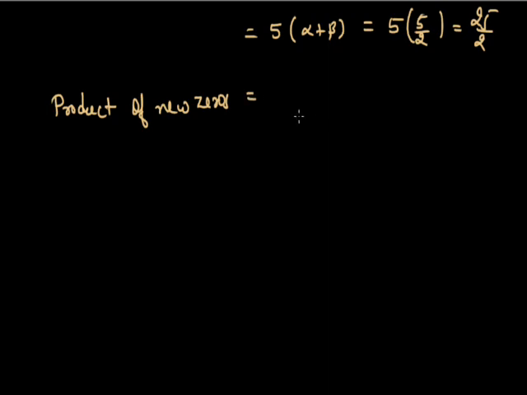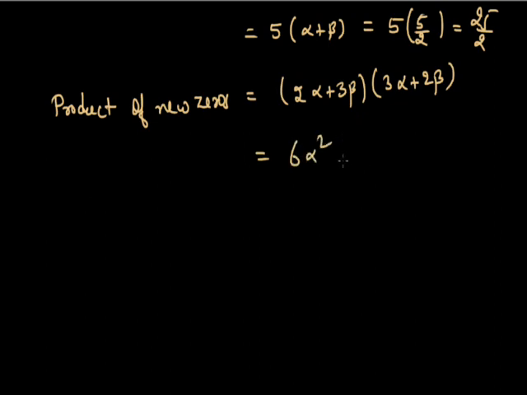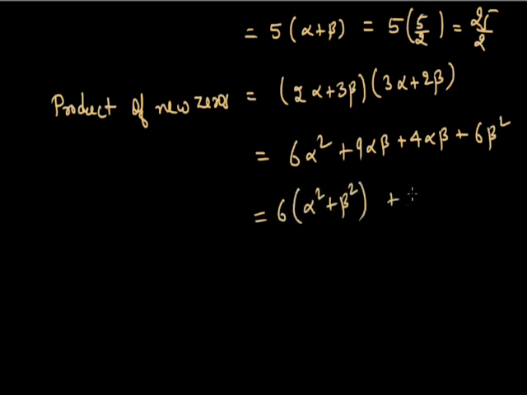This is equal to 2 alpha plus 3 beta multiplied by 3 alpha plus 2 beta. So by multiplying these two terms, 6 alpha square plus 9 alpha beta plus 4 alpha beta plus 6 beta square. So we can say 6 multiplied by alpha square plus beta square plus 13 alpha beta.